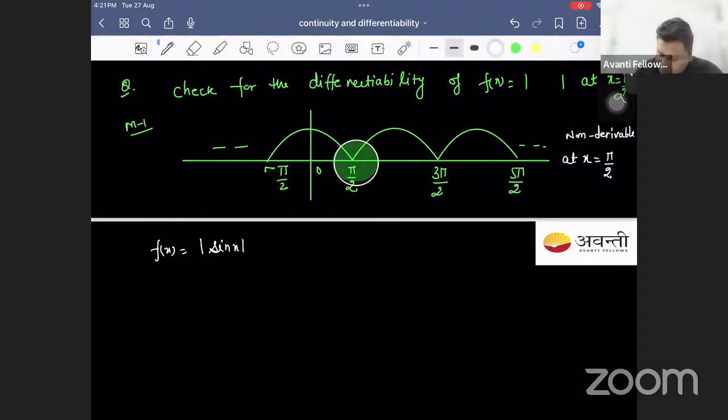Sorry, this is mod cos x, not sin x. The graph is of mod cos x, and it is non-derivable at x equals to pi by 2. Now, for mod cos x, let's check it using the fundamental definition. Correct in your notes also. It was mod cos x, not mod sin x.